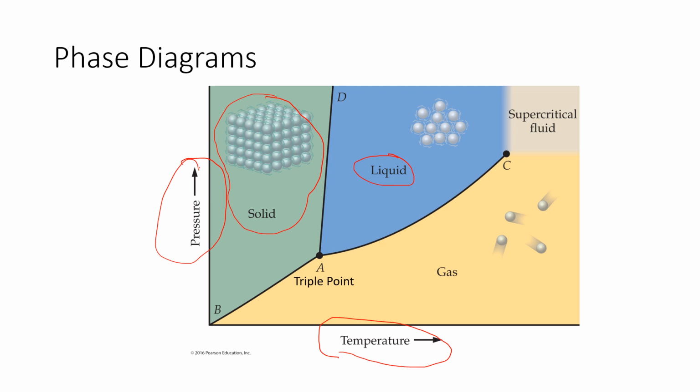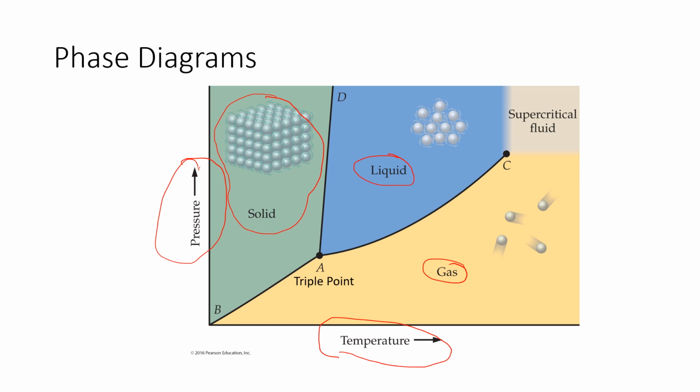From both the solid and the liquid phases, if we reduce the pressure, moving lower on this phase diagram, we end up with the gas phase. So at low pressure, we'll have gases. At higher pressure, we'll have what are called condensed phases, which are a solid or a liquid.